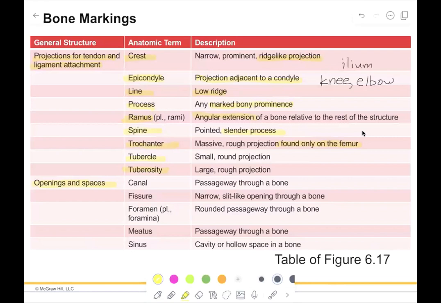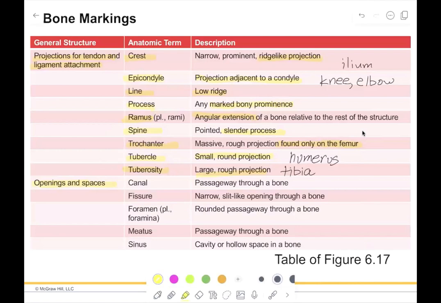There's tubercles, which are small, round projections, specifically found on the humerus. Tuberosities are very important because they are attachments for muscles, one example of which would be on the tibia.